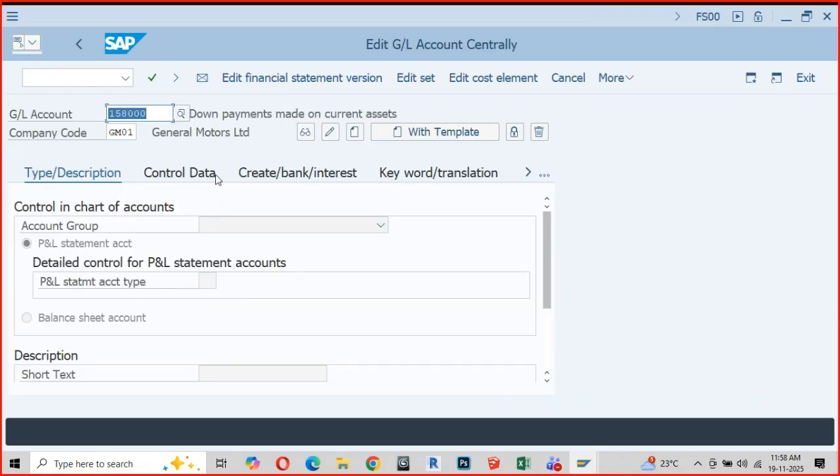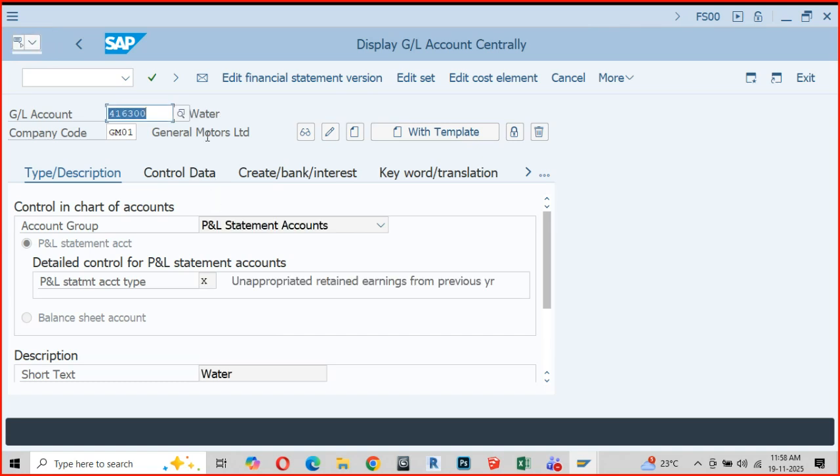Now you have, so this is a typical expense account of the nature P&L. Can you see this P&L account type? Some X.